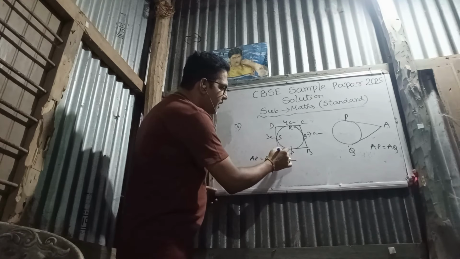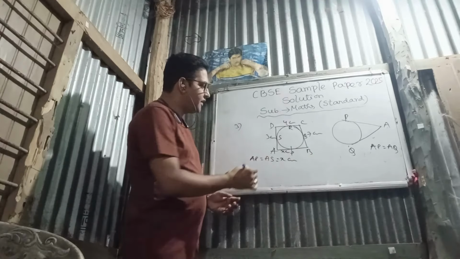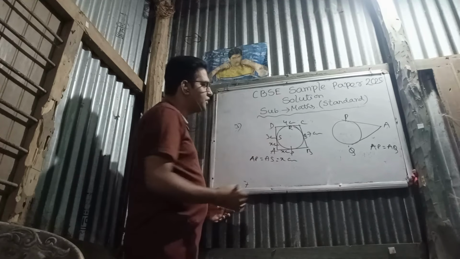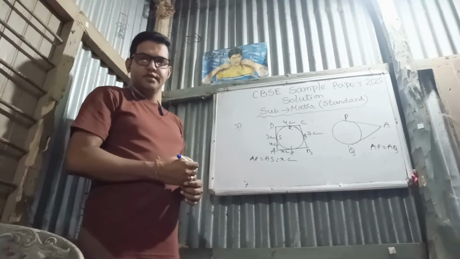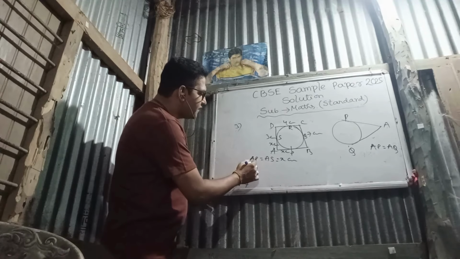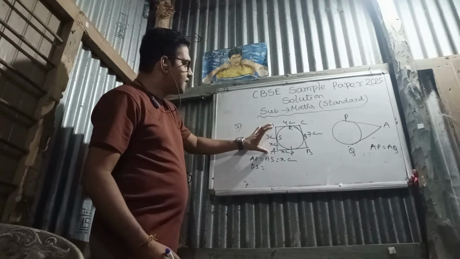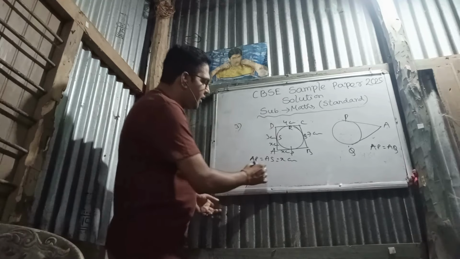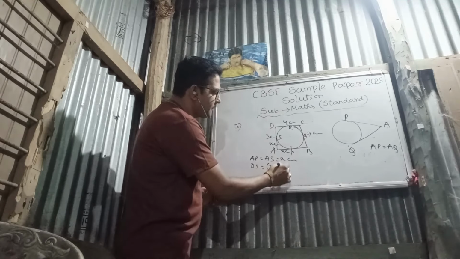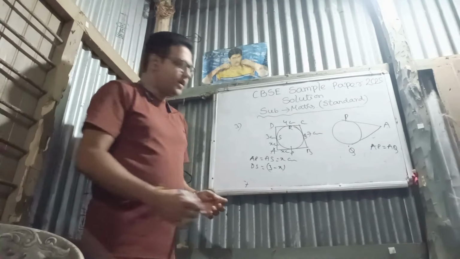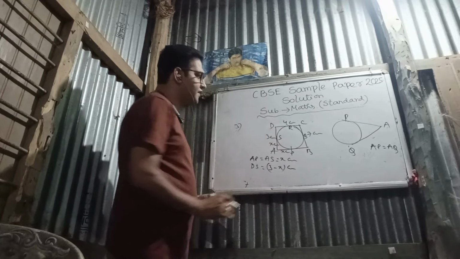So AP is x centimeter, AS is also going to be x centimeter. Now, what is the value of DS? The total is 3. So DS is going to be 3 minus x. Am I right? DS is going to be 3 minus x.